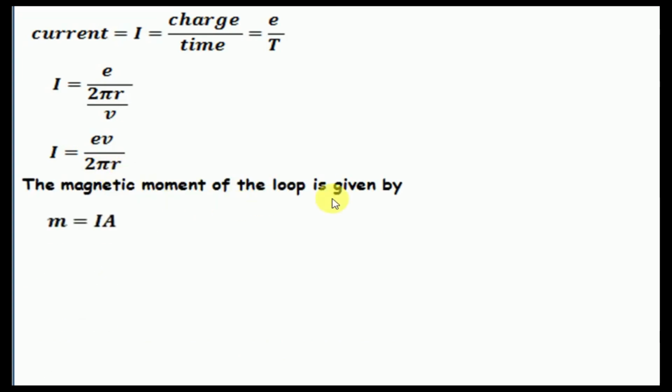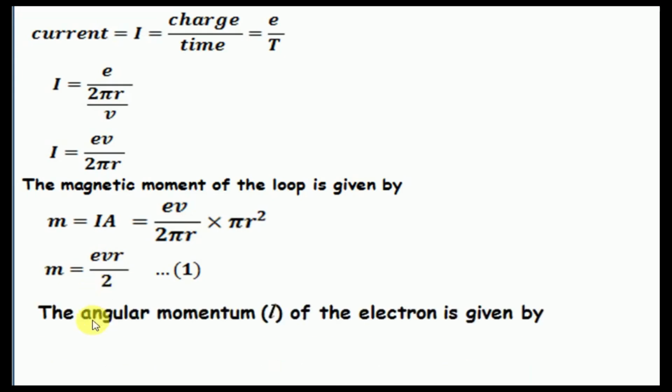Now the magnetic dipole moment m is given by current into area, so current is ev by 2 pi r and area is pi r square, the area of the circle. Now this pi and pi get cancelled, and r with r square, you are left with evr by 2.